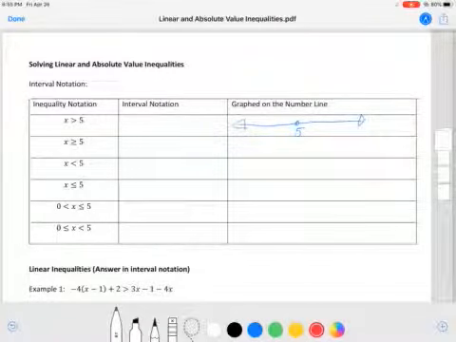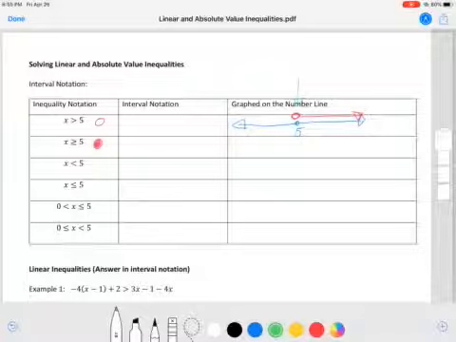So when I graph this, I want to graph all the numbers to the right because those are all the numbers greater than 5. Now, the difference between whether or not I include 5 or I don't include 5 is if I use an open circle versus a closed circle over the 5. Because I am not including the 5, I want to leave this as an open circle.